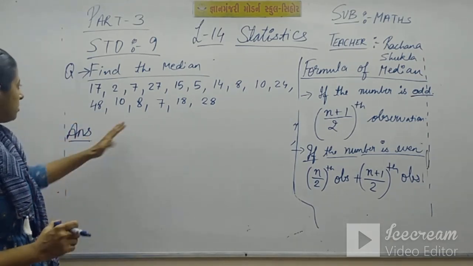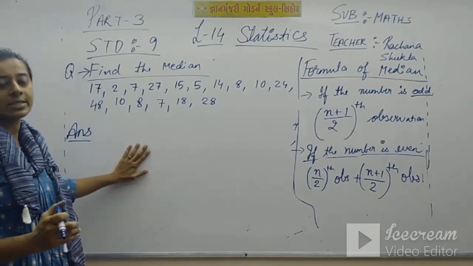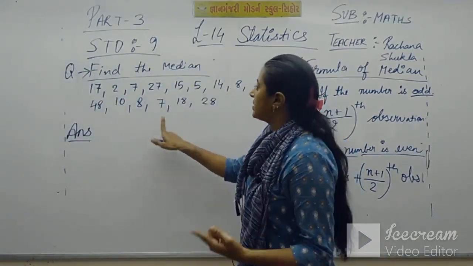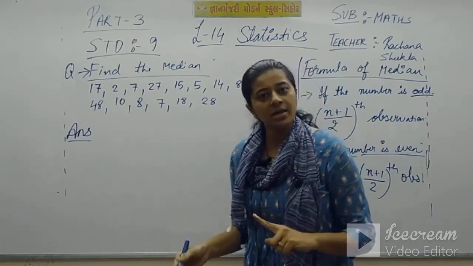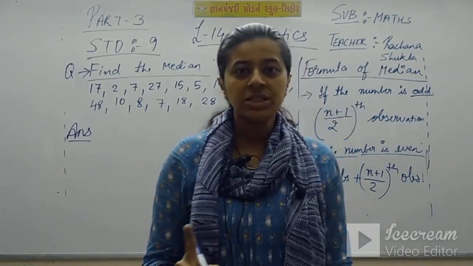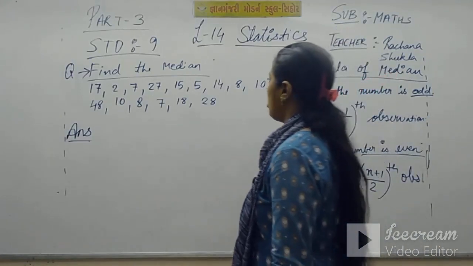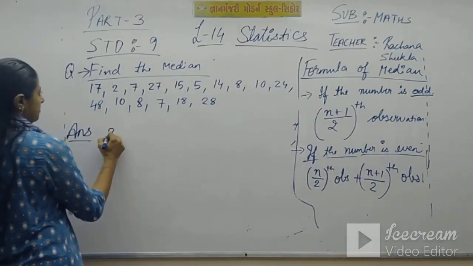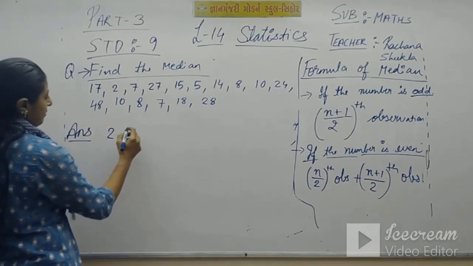First of all, this is your data. Your answer starts by arranging the data in ascending order or descending order. So, arrange the data in ascending order. The smallest number is 2. Then 5.